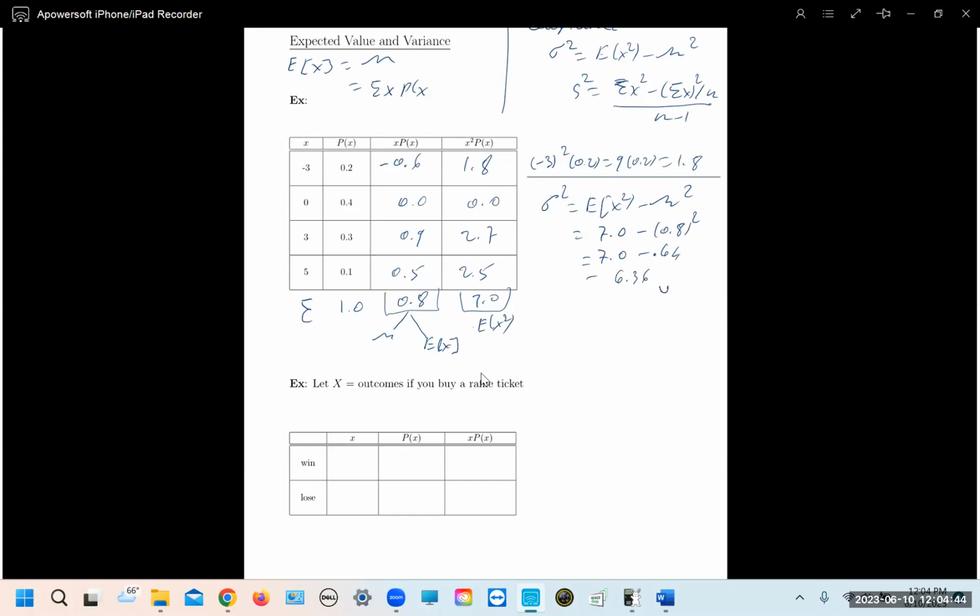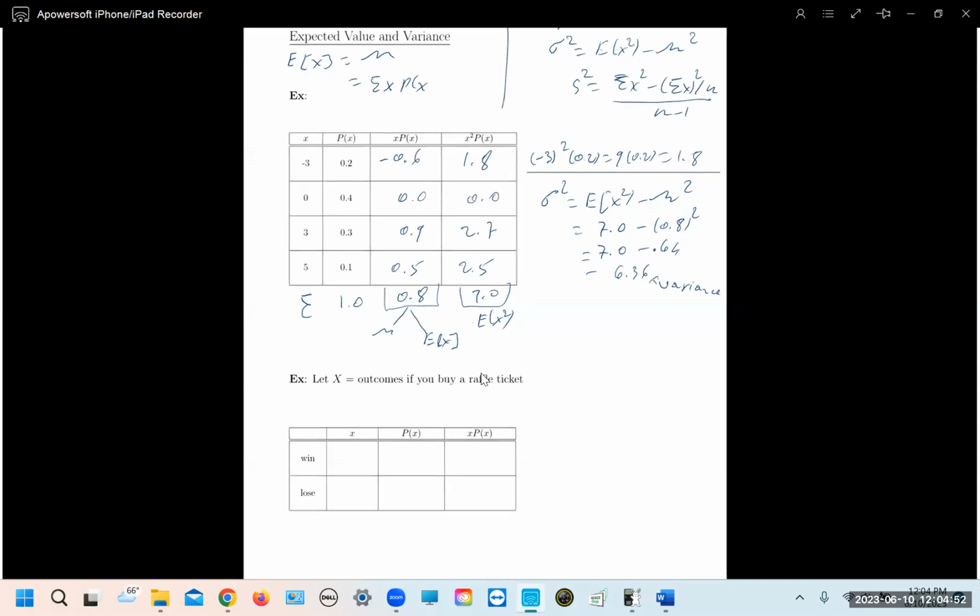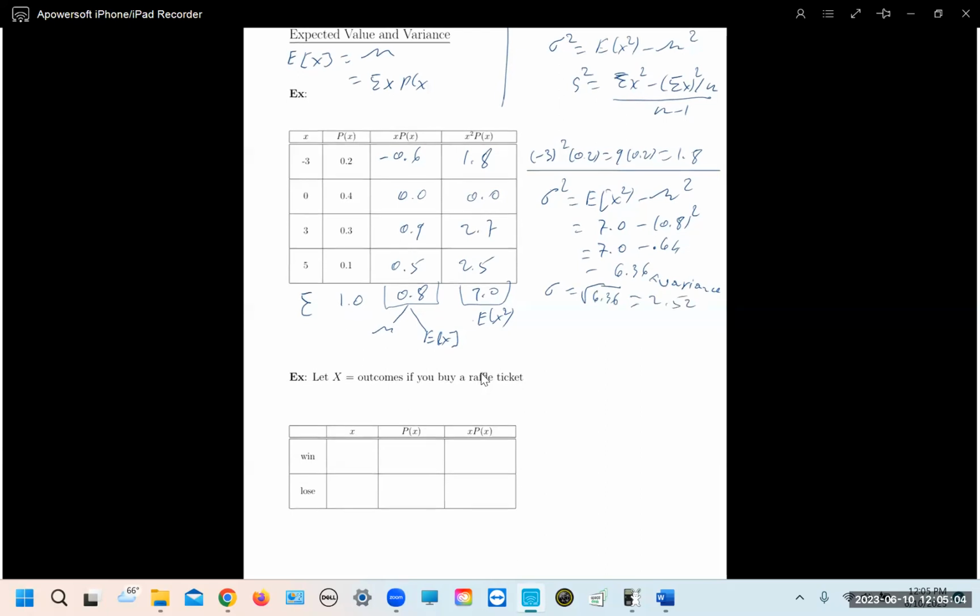This is the variance. When we take the square root of sigma squared, the square root of 6.36, approximately 2.52, this is the standard deviation. We want to find the standard deviation.